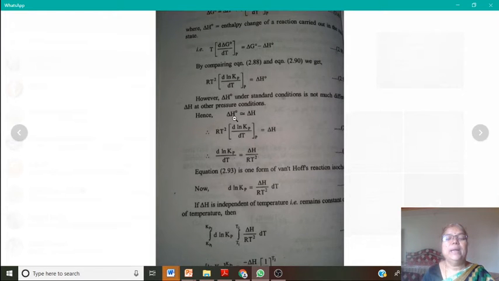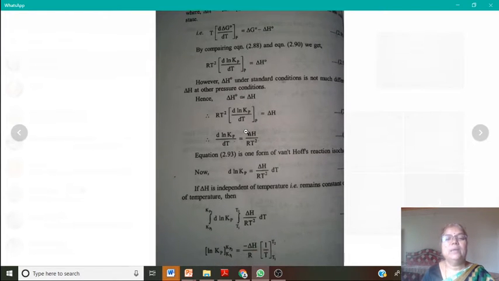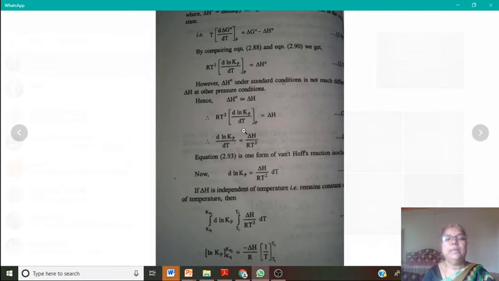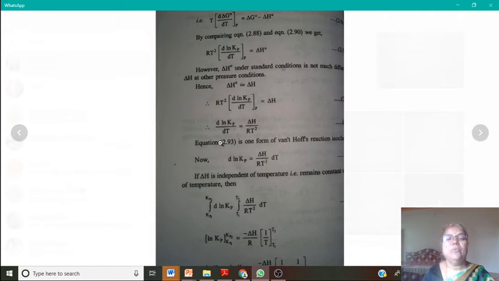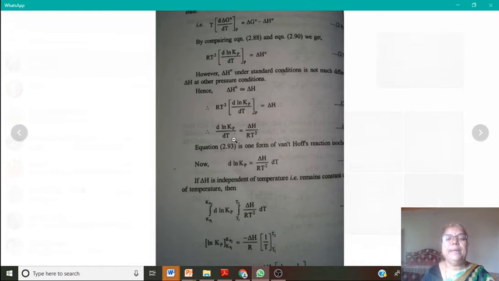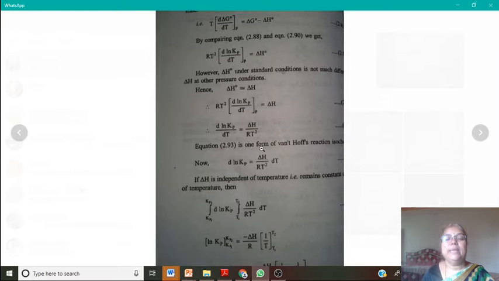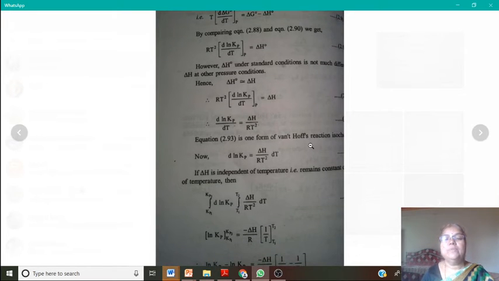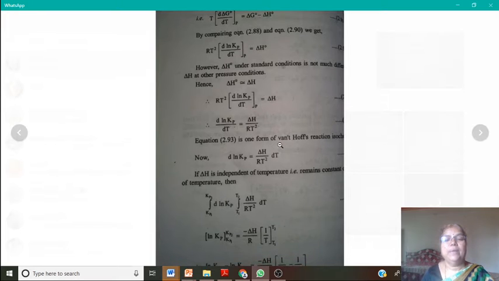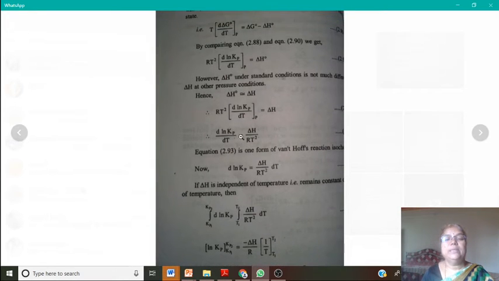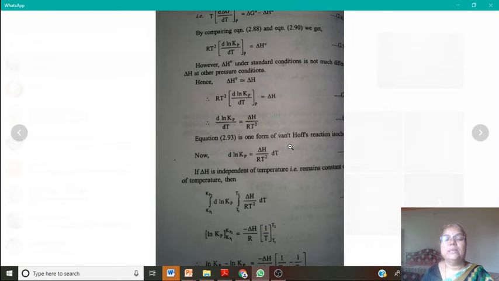Therefore, we equate ΔH° with ΔH. So we can write RT² (d ln Kp/dT) at constant pressure equal to ΔH. Rearranging, d ln Kp/dT equals ΔH upon RT². This equation is known as the van't Hoff reaction isochore equation.